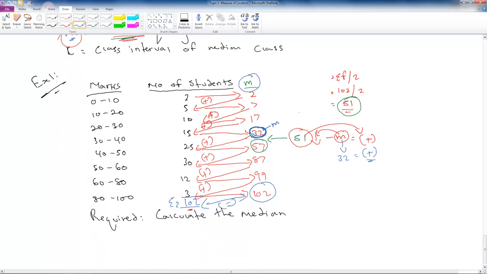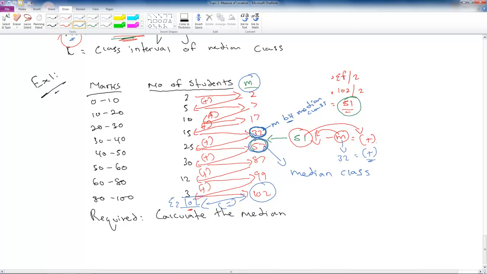If this is before, then the next value will become your median class.